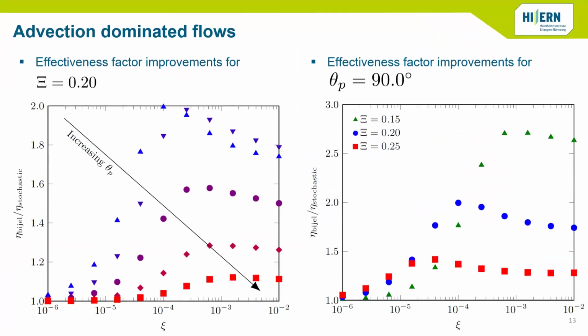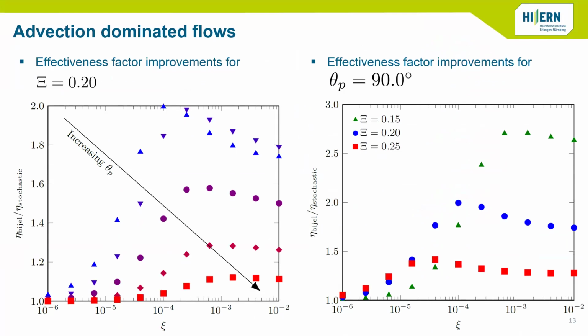So for these advection dominated flows, we reported here the effectiveness factor for a particle volume fraction of the Biegel of 0.2. And here the equilibrium particle contact angle is decreasing from blue to red.